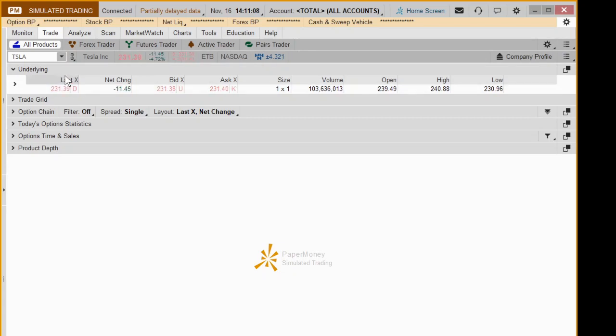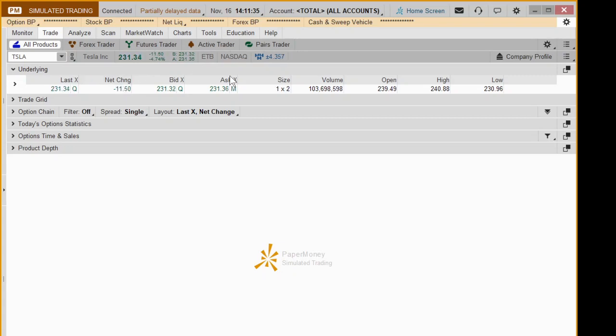The share is the last price of what Tesla was. Per share is $231, which we don't buy unless you're working with a large amount of capital. The net change is the difference from the open to where we previously were at on the time frame. It's 2:11 p.m. Eastern time.